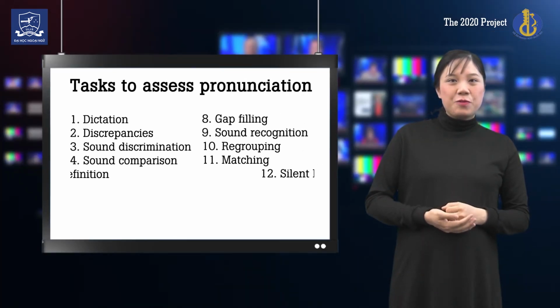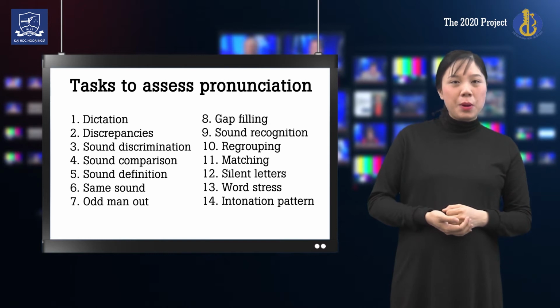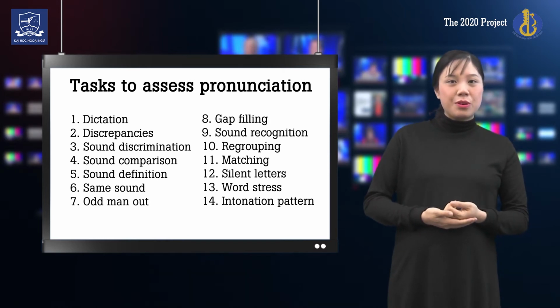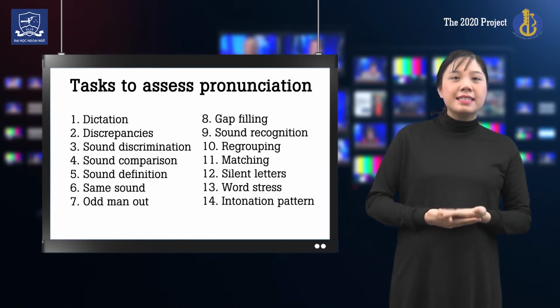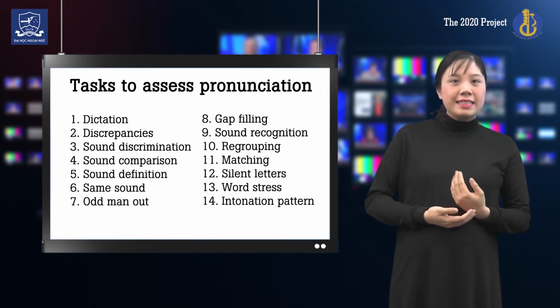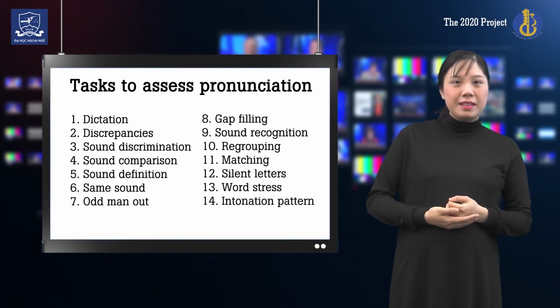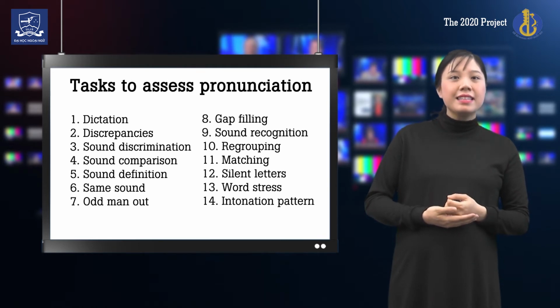The answer is 14 task types. They are as follows. 1. Dictation. 2. Discrepancies. 3. Sound discrimination. 4. Sound comparisons. 5. Sound definition. 6. Same sound. 7. Odd man out. 8. Gut feeling. 9.